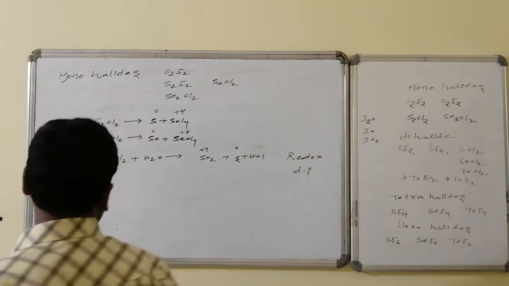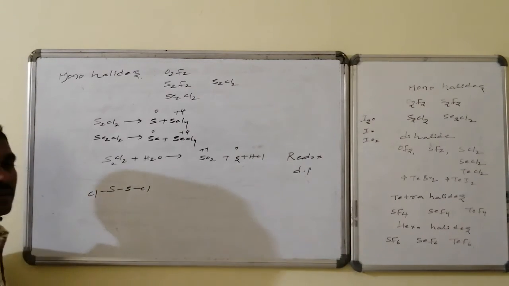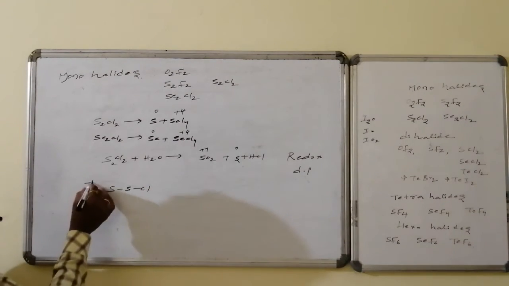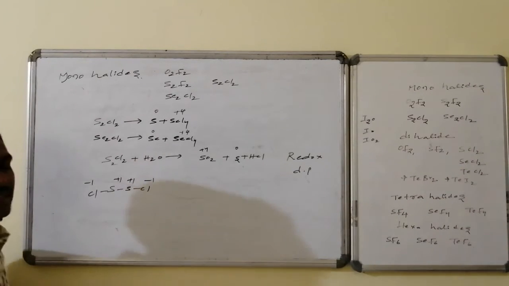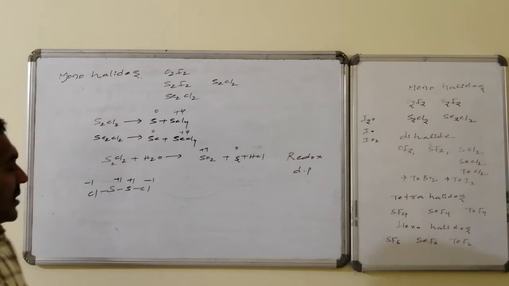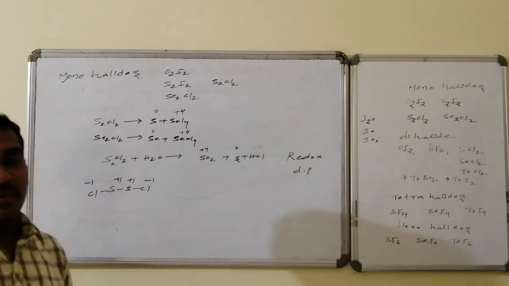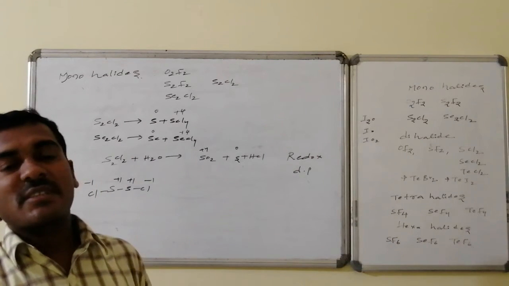Let us look at the structure of disulfur dichloride. The oxidation state of chlorine is -1, and the oxidation states of sulfur are +1. This +1 is converted to 0 and +1 is converted to +4, hence it is a redox as well as a disproportionation reaction.